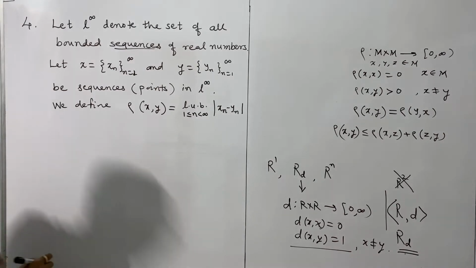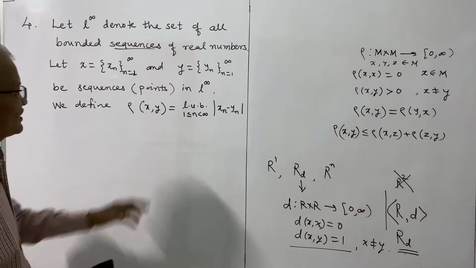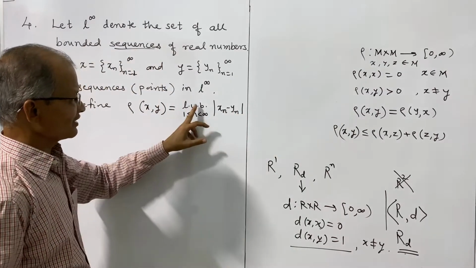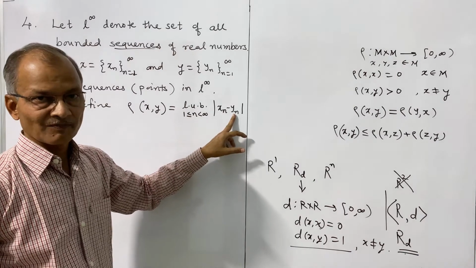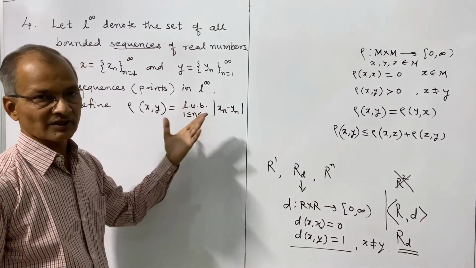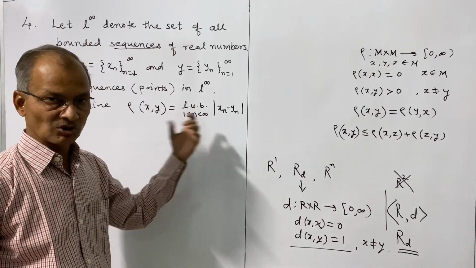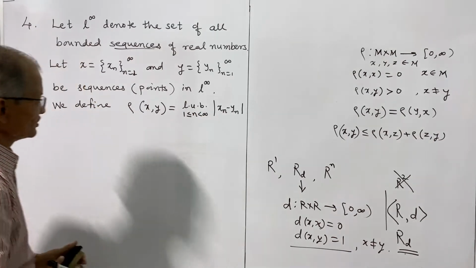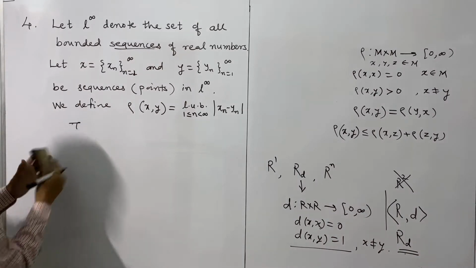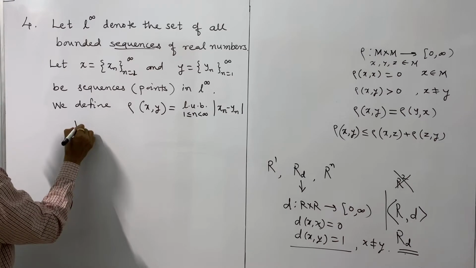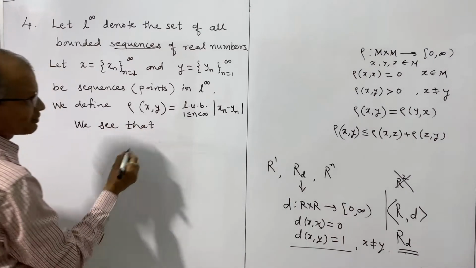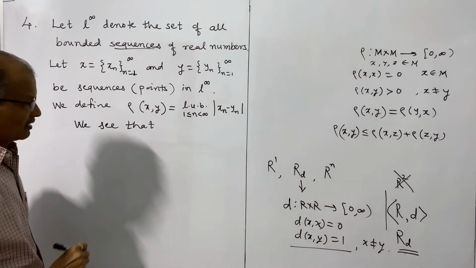Now we shall verify whether ρ satisfies the first property; it is obvious. ρ(x,x) is the LUB of x_n minus x_n, that is 0, and thus the least upper bound of the set of all elements, which are 0, is equal to 0. So the first three properties are obvious in this metric.